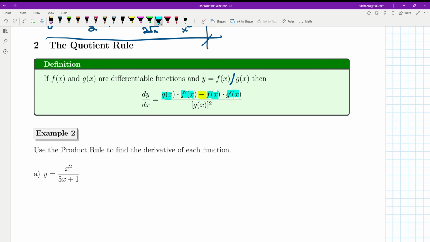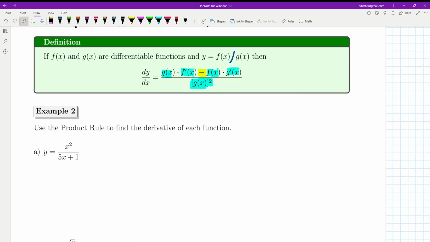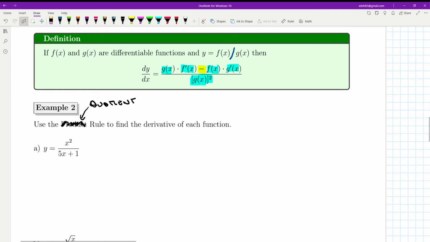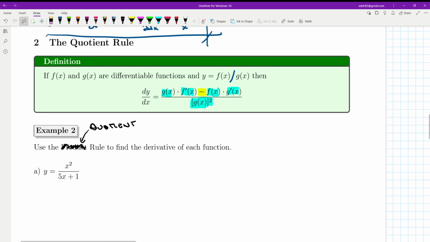But in this case, we square the denominator function, that is the function in the denominator of the original function. So let's go ahead and use the quotient rule. This is supposed to say quotient. Yep, your PDF file when you're watching the video should be updated with these silly typos.